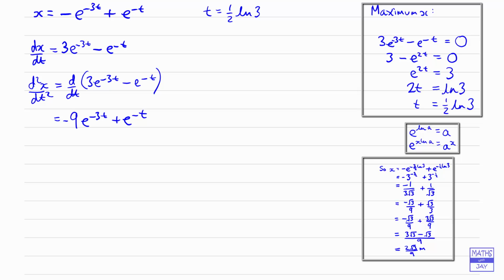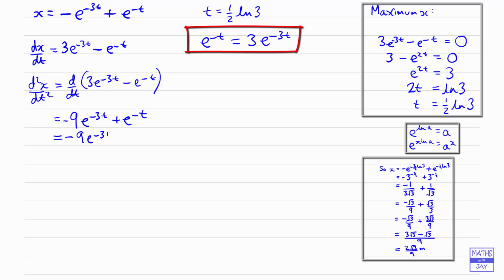Now it's not that much use to write down that 2t is a log 3, but what is useful is that e to the minus t is equal to 3e to the minus 3t, because 3e to the minus 3t minus e to the minus t is 0. So that means we could say that what this is equal to is minus 9e to the minus 3t plus 3e to the minus 3t, which is minus 6e to the minus 3t.